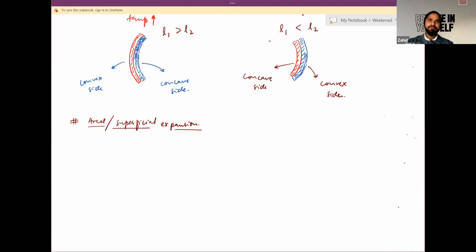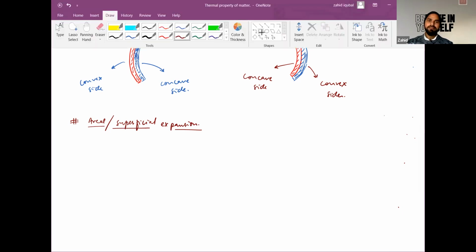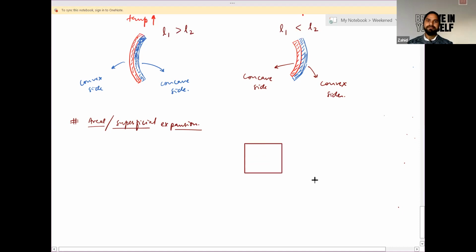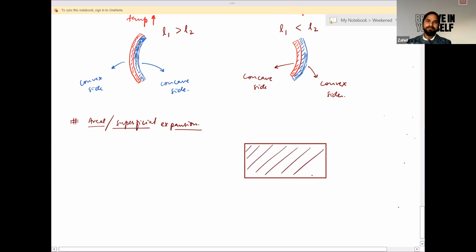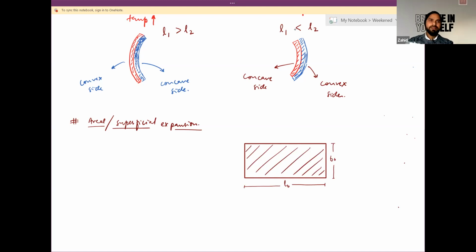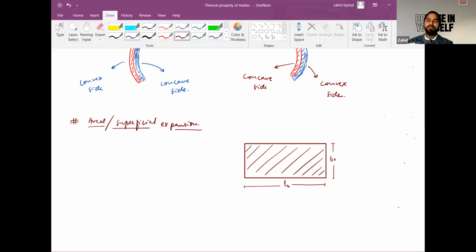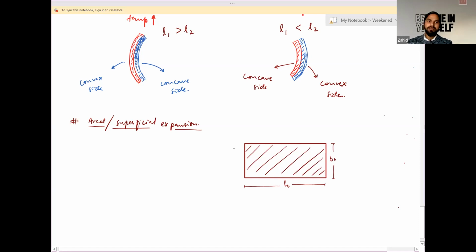Suppose you have a rectangular segment having initial length L0, initial breadth B0, like this. This particular dimension of the body is at some lower temperature, let's say T0.